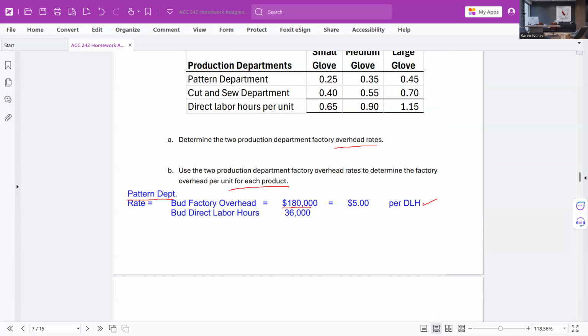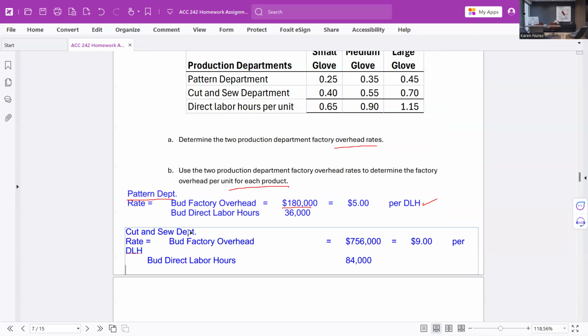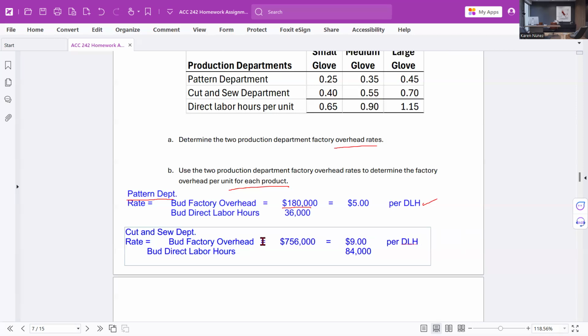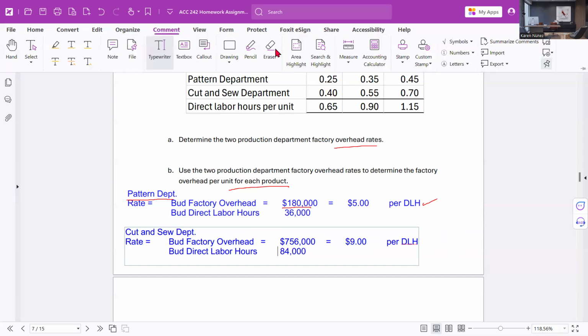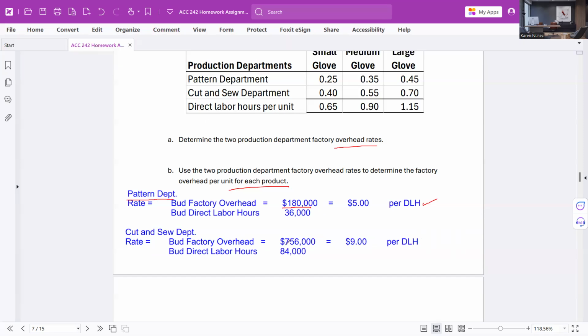So for this cut and sew department, we'll put it right there. The overhead of $756,000 is being spread over 84,000 direct labor hours. The rate is $9 per direct labor hour.